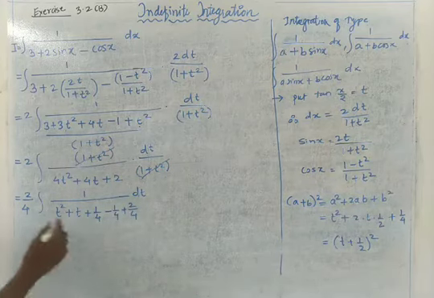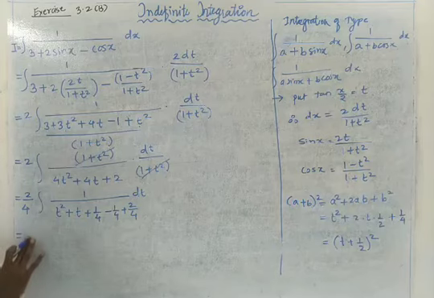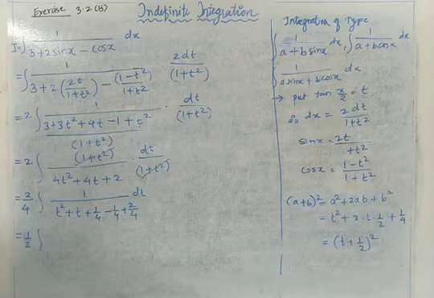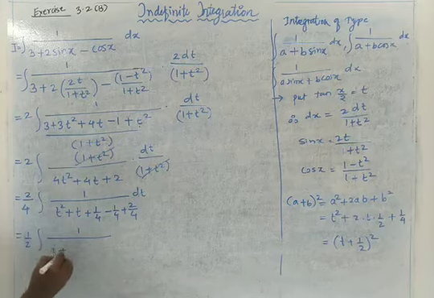Get that? Now simplify the equation. 2 by 4 will simplify here, half integration of 1 upon this part becomes t plus half bracket square.